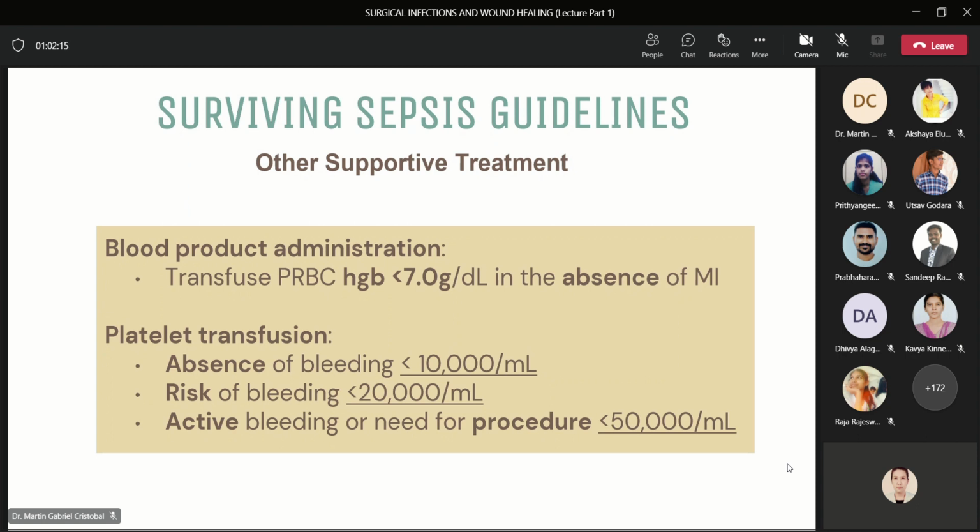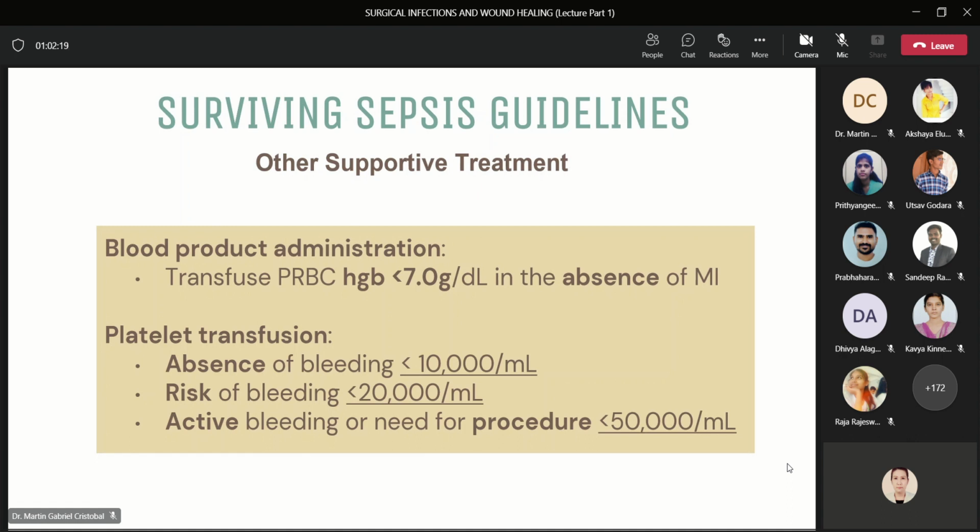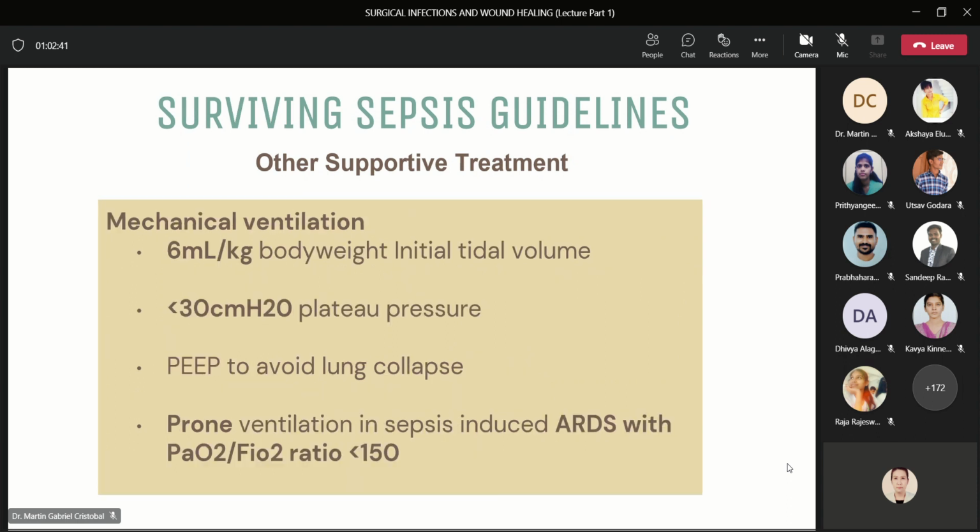It is not necessary to use FFP to correct the INR abnormalities in the absence of bleeding, and one should also consider giving prophylactic transfusion of platelets when the counts are less than 10,000 in the absence of bleeding, less than 20,000 if there is a risk of bleeding, and less than 50,000 in the setting of active bleeding or the need for a procedure.